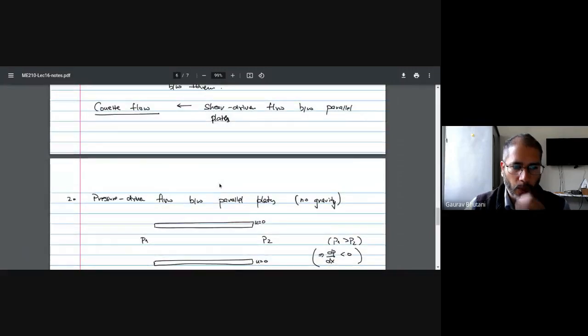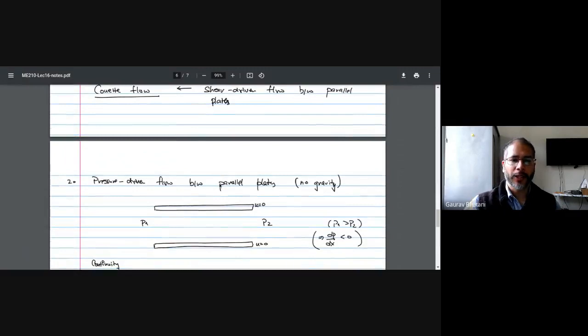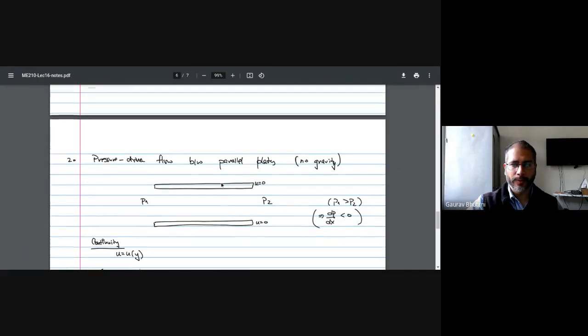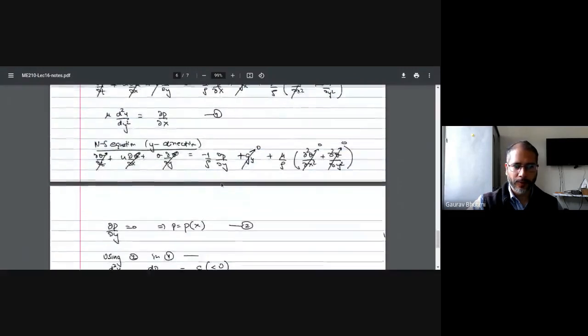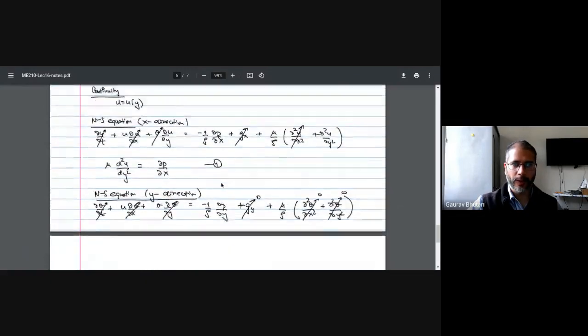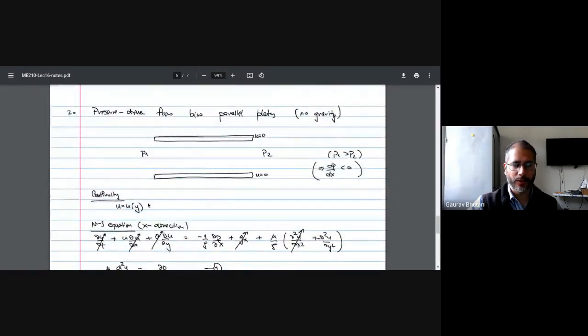The next one was the same geometry, but instead we had a pressure driven flow between the plates, because in this case we applied a P1 greater than P2, and that resulted in the flow, which we were still working on. So I'll just quickly recap this. We applied the continuity equation. Everything was very similar to case number 1.